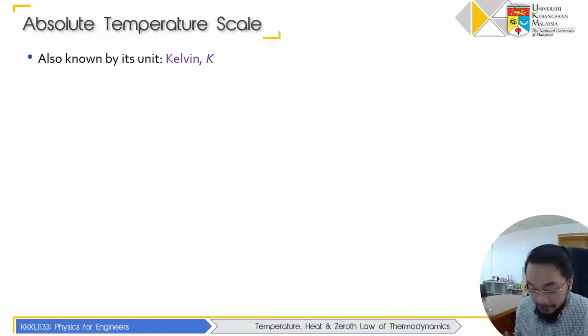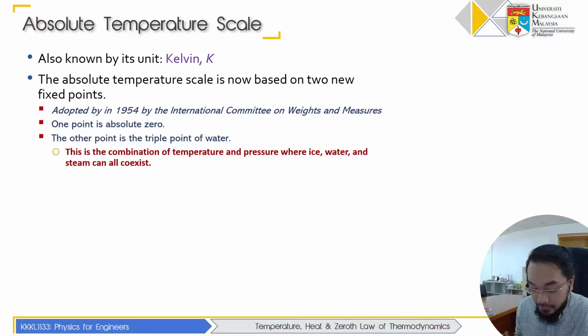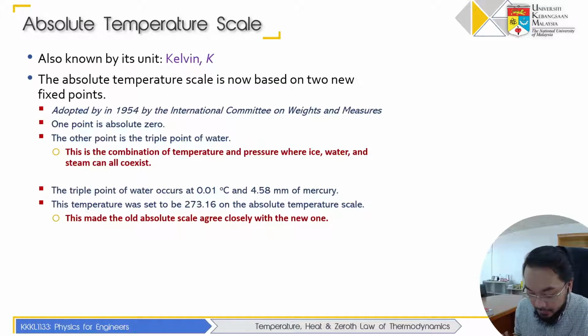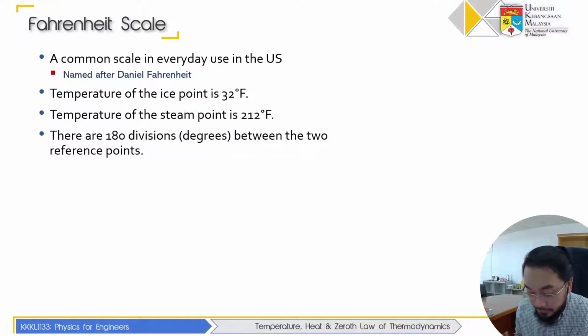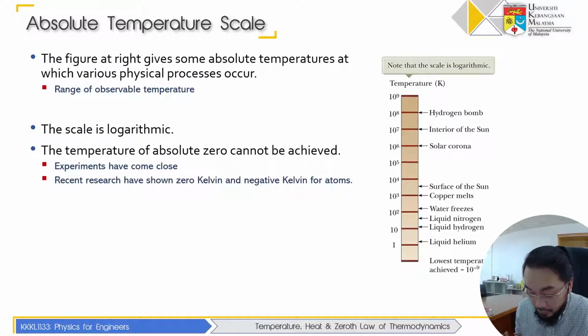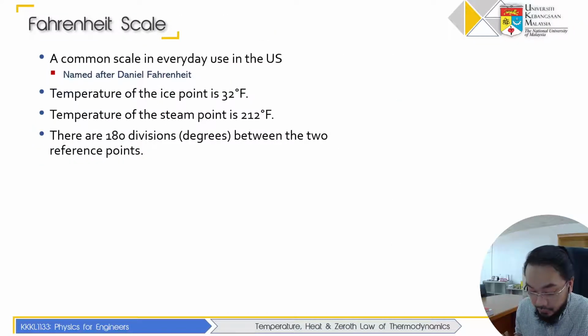Now let's look at the absolute temperature scale. So we have Kelvin. Here I will not go into much detail, but I will go straight to the Fahrenheit scale. You are familiar with Kelvin and Celsius, and then there's another scale which is the Fahrenheit scale.